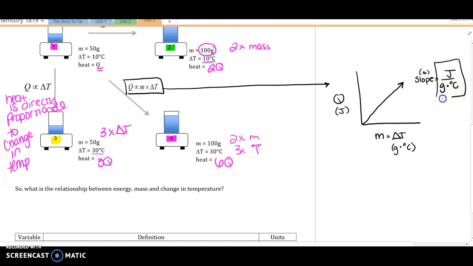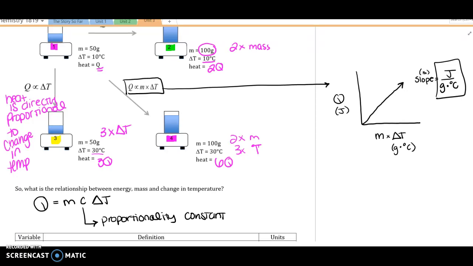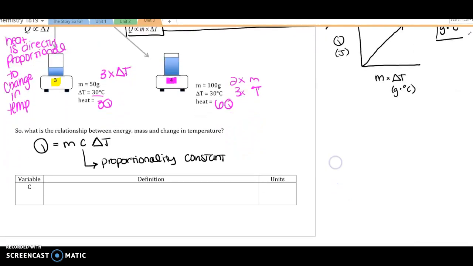This slope represents a new constant, which we can include to create a relationship or an equation between Q, M, and delta T. To actually create an equation to set Q equal to the mass times the temperature change, we need a proportionality constant, and we call that proportionality constant the specific heat capacity.